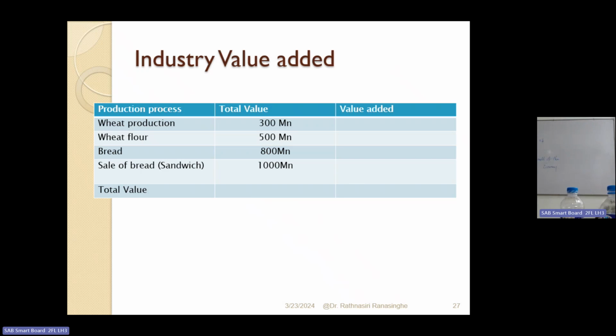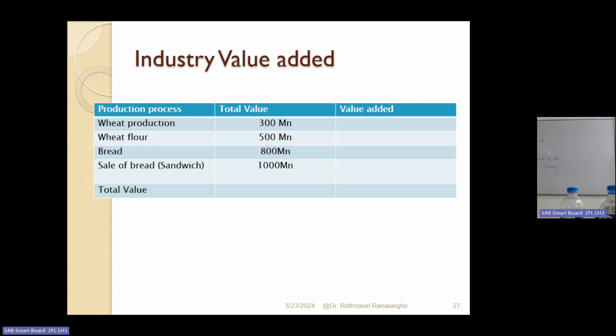And then in sales, if we make it into sandwiches and so on, the selling price we take is 1,000 million. If we add the total values across the different stages of production, we have 800, 1,600, 2,600 total value.